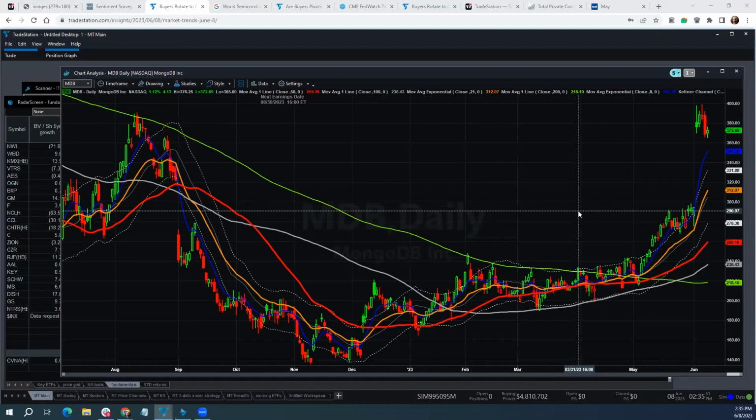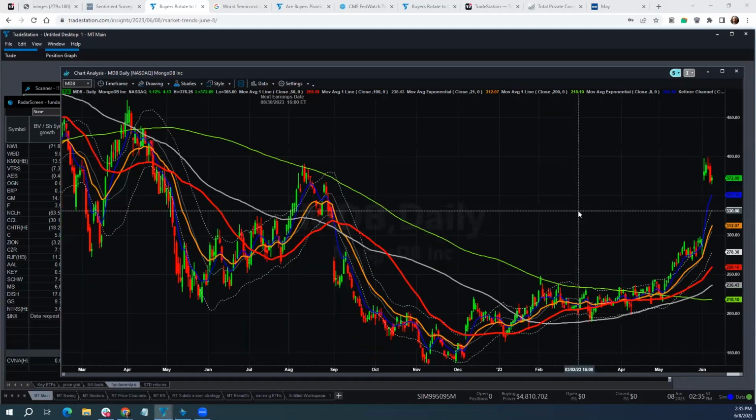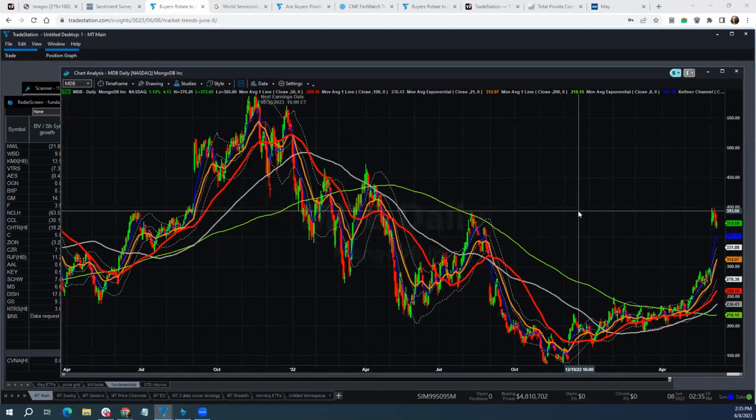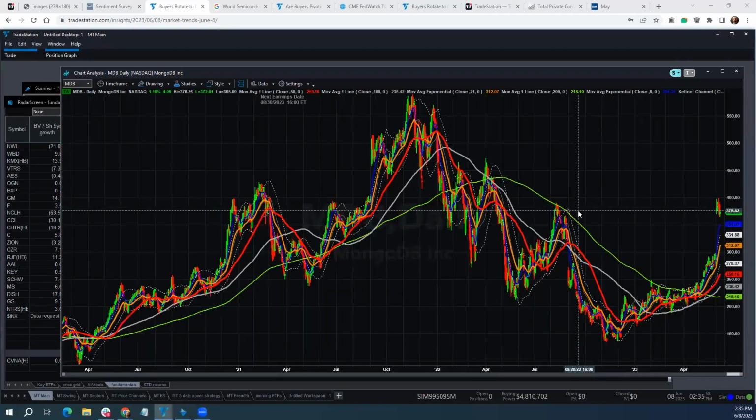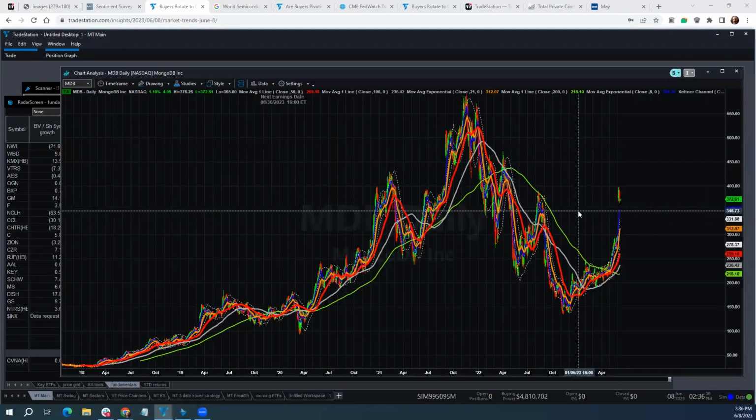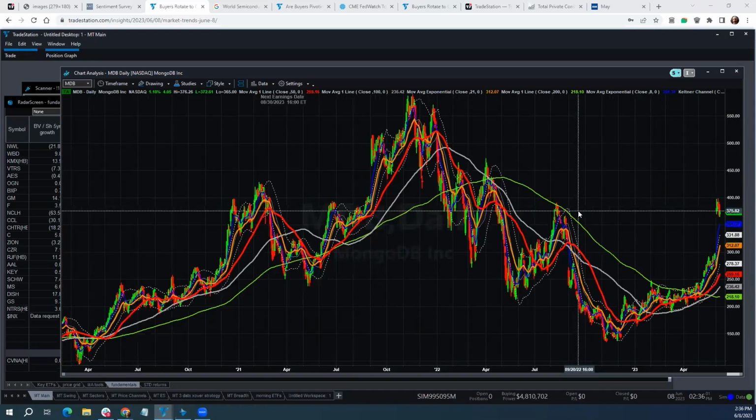But you also have to realize these are stocks that really got hammered. For people looking at them from a long-term growth perspective, you could argue Mongo database has gone nowhere for 2.5 or 3 years, because here it was in December of 2020.